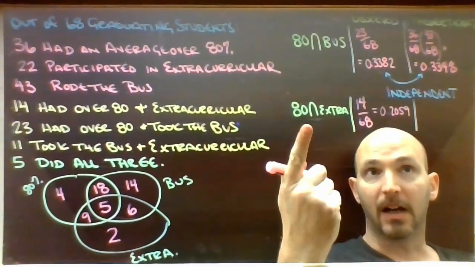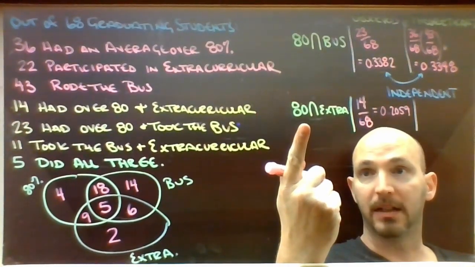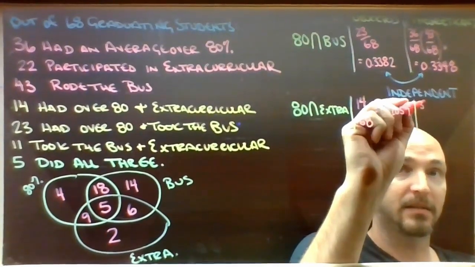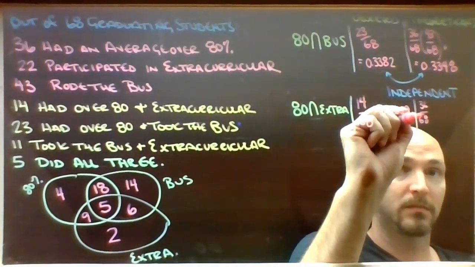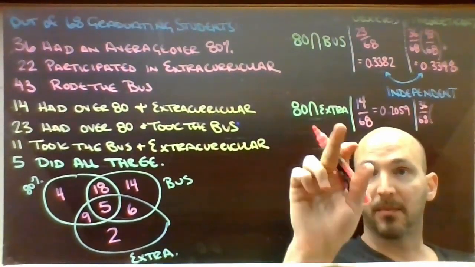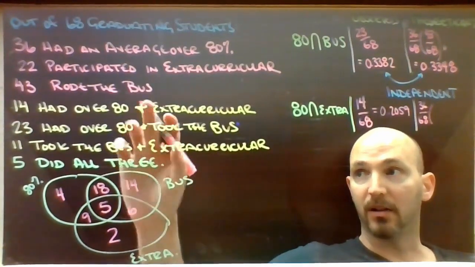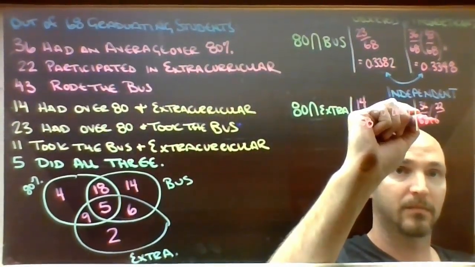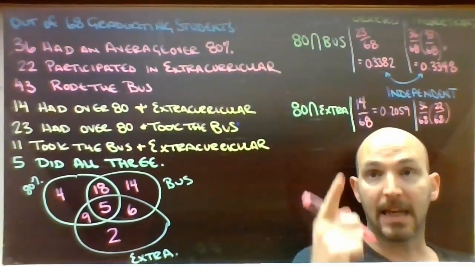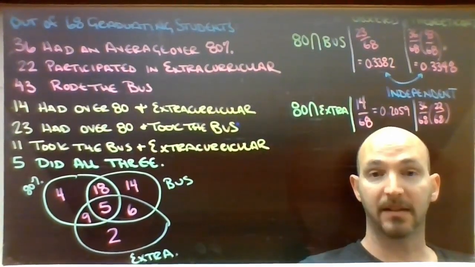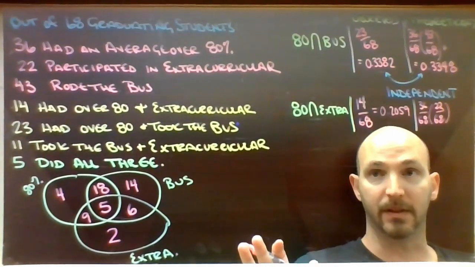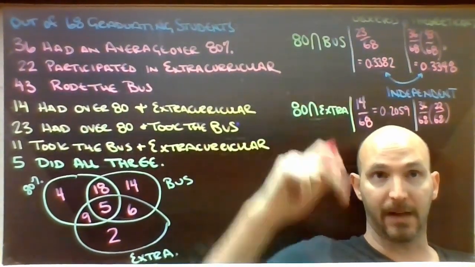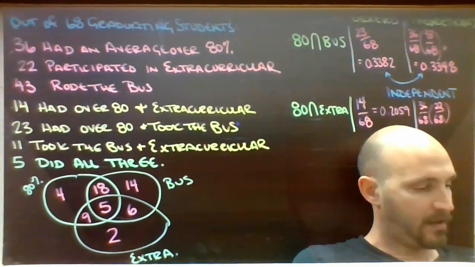Now, in theory, I should be able to take the probability of getting an 80, which is 36 out of 68, multiply it by the probability of being an extracurricular, which is 22 out of 68. And if these two things are independent of each other, so they have no effect on one another, then the answer I get here should match the answer I got there. So let's give that a try.